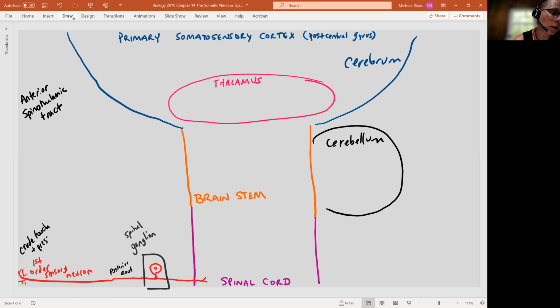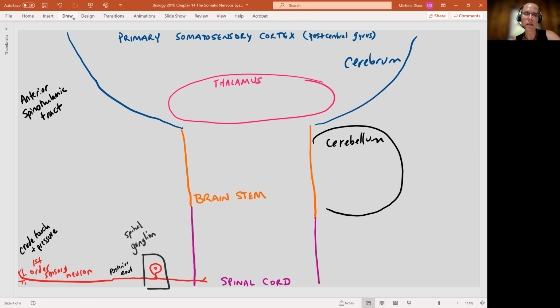So down here, the first order sensory neuron is collecting from a receptor, or maybe it's the free nerve ending or an encapsulated nerve ending. It's going to be collecting the crude touch and pressure information from the body, traveling this spinal nerve into the dorsal root, coming into the spinal cord. So this is our definition of our first order neuron.